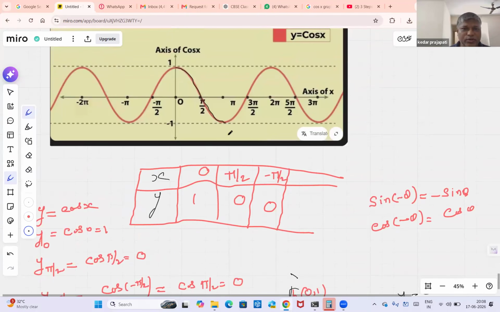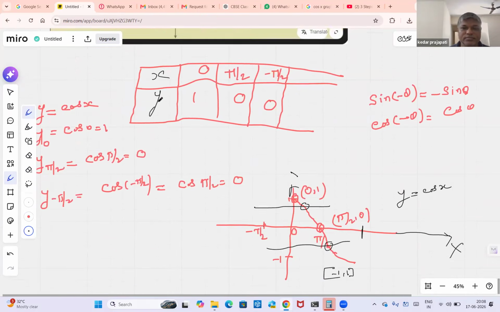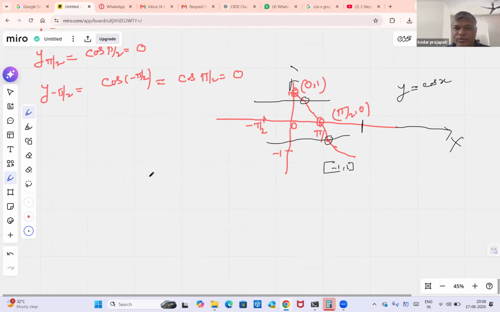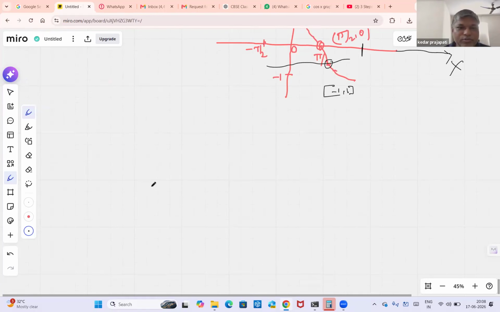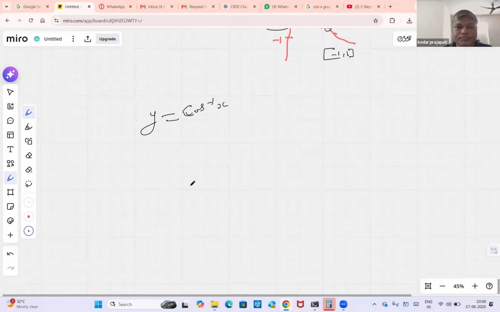So when you want to draw, I think no other go. We have to draw here only. Now I'm going to draw y equal to cos inverse x. For that, what are we doing? We are creating this. Wait.